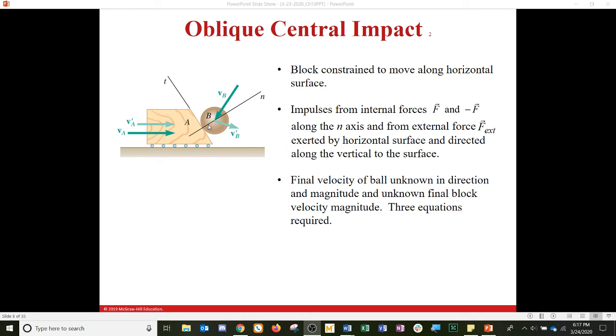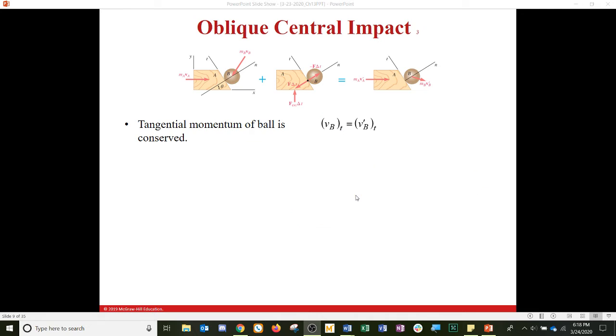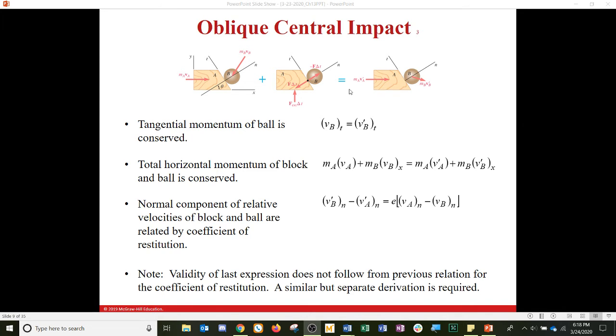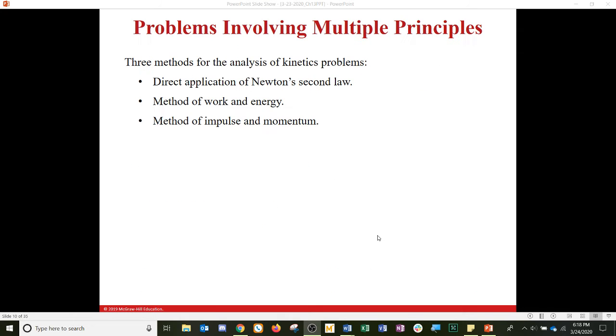Oh, we're not quite at the examples yet. But here we go with a sphere striking a ramp on rollers. You can think about how you have these velocities in the line of impact, and we can consider how the horizontal momentum is conserved and how the normal components of momentum are relating this along the line of impact.